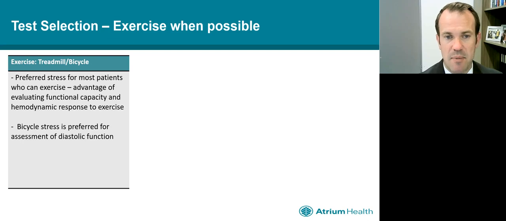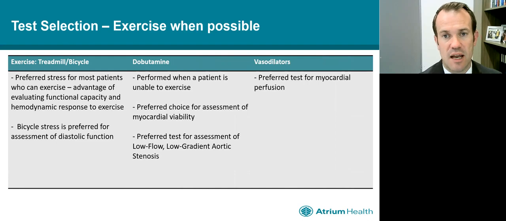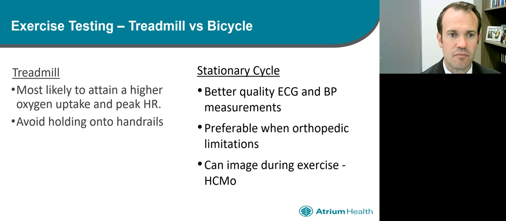Bicycle stress tests may be preferred for assessment of diastolic function or when we need to take imaging during testing. Dobutamine we mostly do when patients are unable to exercise, or if we're looking at viability, or if it's a test to look at patients who have low flow, low gradient aortic stenosis, while vasodilators are the preferred test for myocardial perfusion.